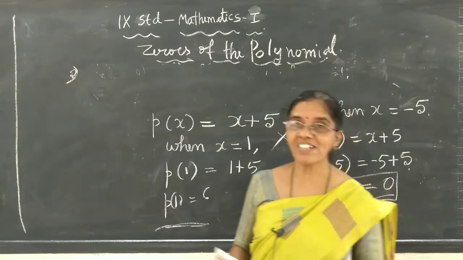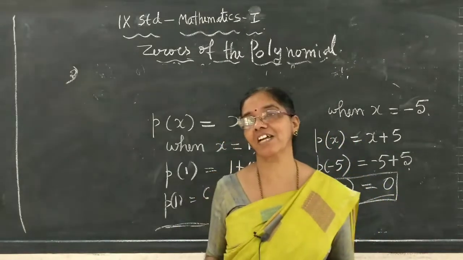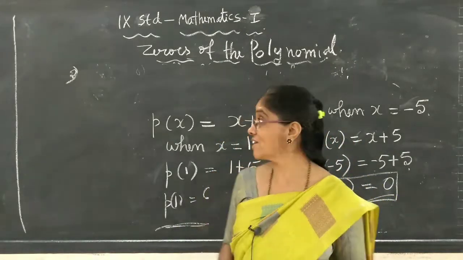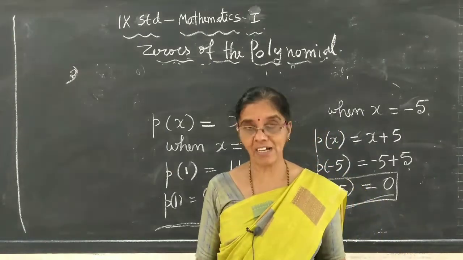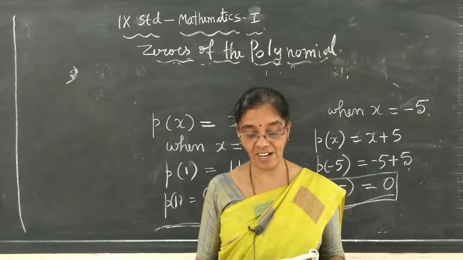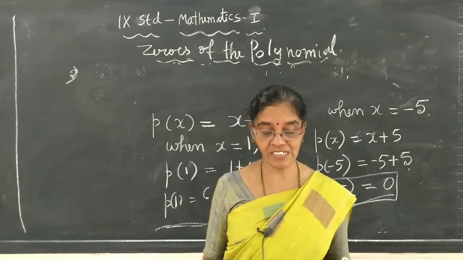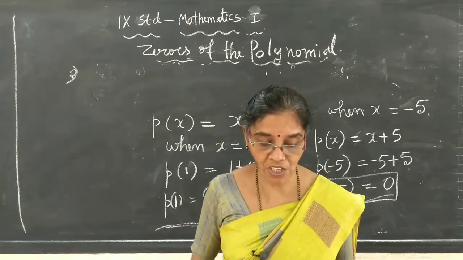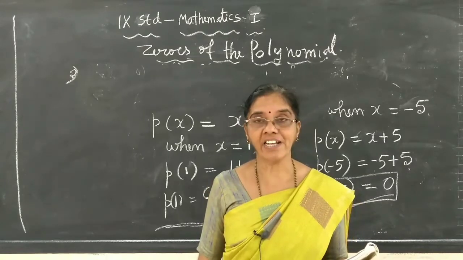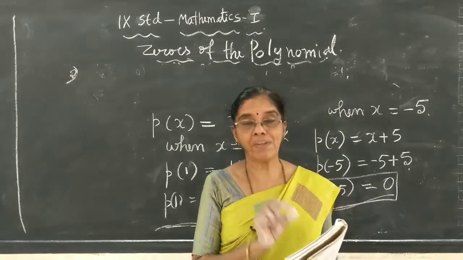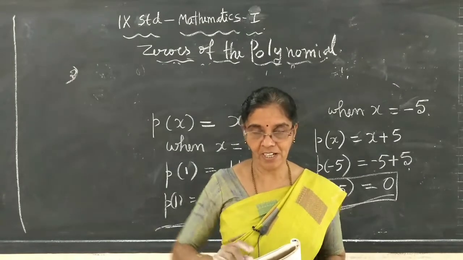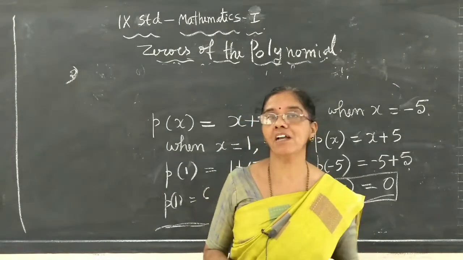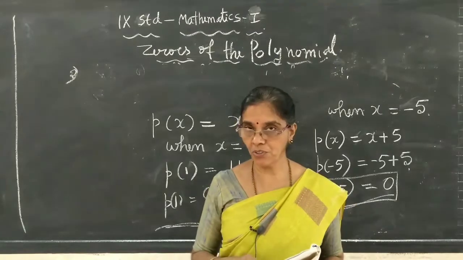Now we will work out some exercise problems. You will understand in a better manner. Exercise 2.2, same exercise. In the third main problem, they ask you to verify whether the following are zeros of the polynomial indicated against them. They are given some particular values of the variable. Your work is to find whether it is a zero of the polynomial or not. How to do it?